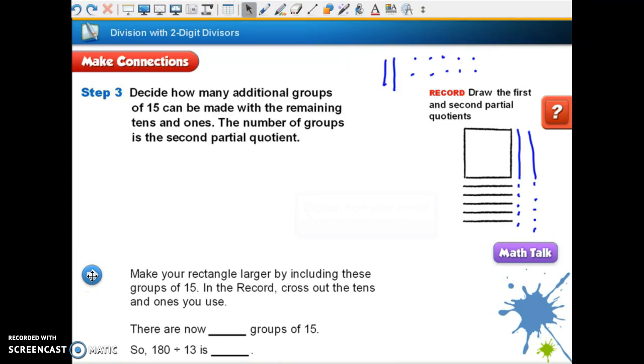Make your rectangle larger by including these groups of 15. So then you'd snug them up like I did in my drawing. Cross out the 10s and 1s you used. So now there are how many groups of 15? We always have how many groups with our rectangle here? 10. And 2 more is 12 groups of 15. So 180 divided by 15 is 12.